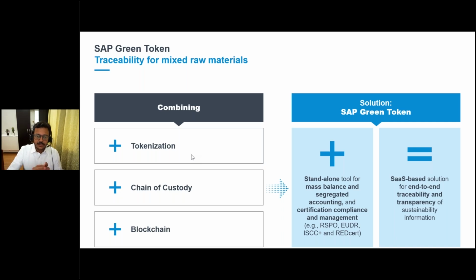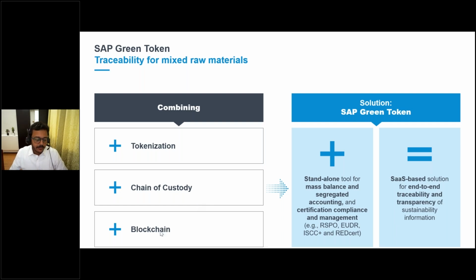And this is what allows us to trace all of those attributes throughout the supply chain. The chain of custody is basically a method of accounting where we can track a material's provenance from the very first company that originated the product and throughout all of the processing that it goes through.